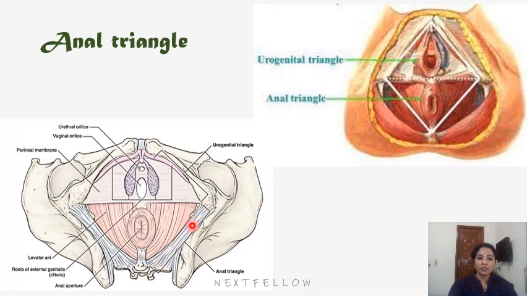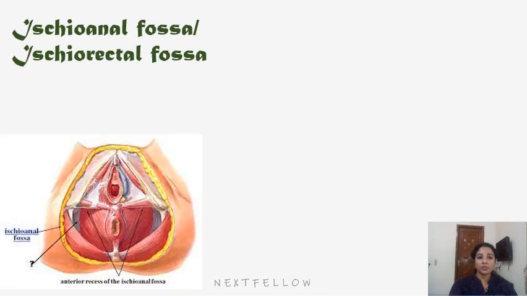These are the sacrotuberous ligaments present on either side, extending from the ischial tuberosity to the sacrum. So that is about the boundaries.